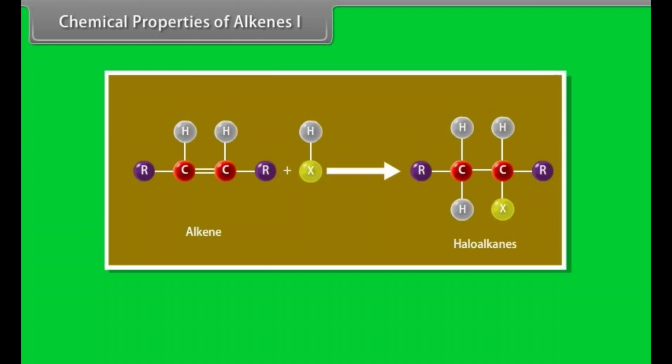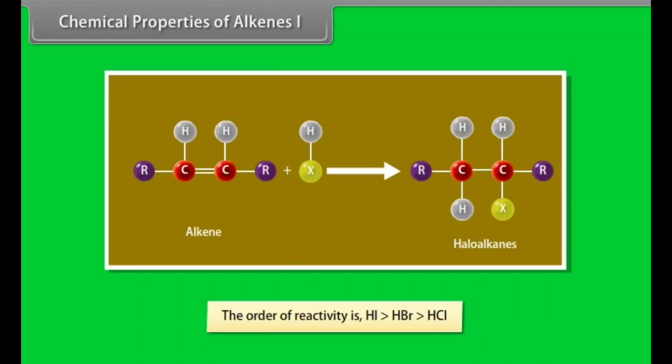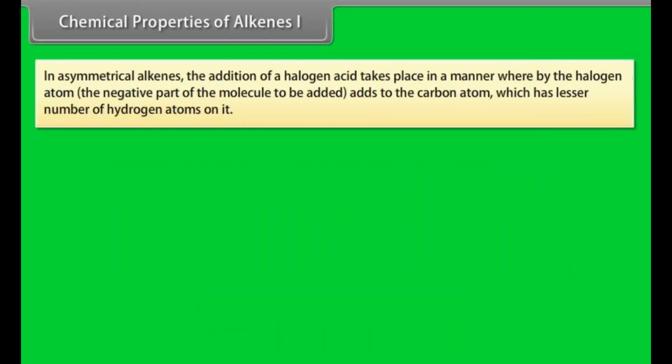Addition of halogen acids. Alkenes react with concentrated aqueous solutions of halogen acids to give haloalkanes. The order of reactivity is HI greater than HBr greater than HCl. In asymmetrical alkenes, the addition of a halogen acid takes place in such a manner that the halogen atom, the negative part of the molecule to be added, adds to the carbon atom which has the lesser number of hydrogen atoms on it.